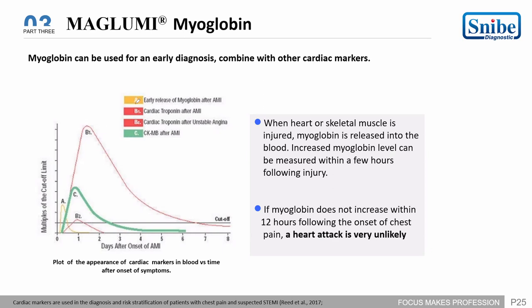So this curve has shown you the early release of myoglobin after acute myocardial infarction, the cardiac troponin after AMI, the cardiac troponin after the unstable angina, and the green one is CKMB after acute myocardial infarction. So within 1 day or within 6 to 8 hours, it is helpful to diagnose with these cardiac markers for the condition of different patients.